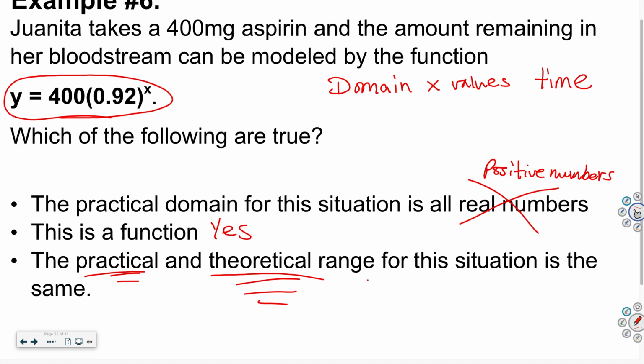Just like we can't have negative time, if you graph this function, you can go backwards and get numbers above 400. The theoretical range would include numbers above 400, so this is a false statement.